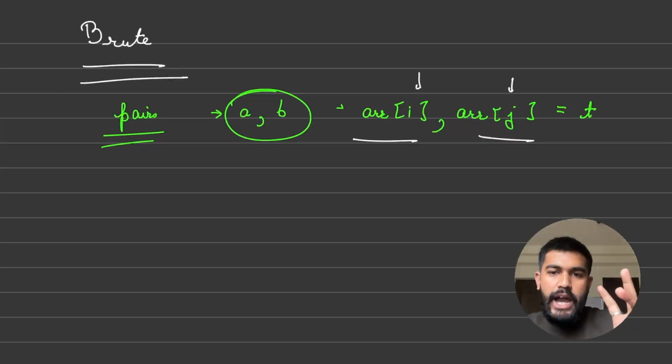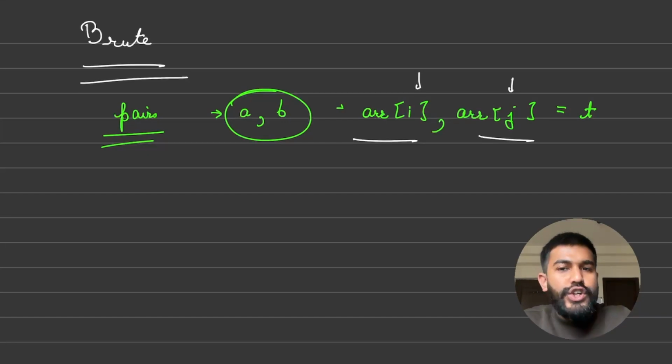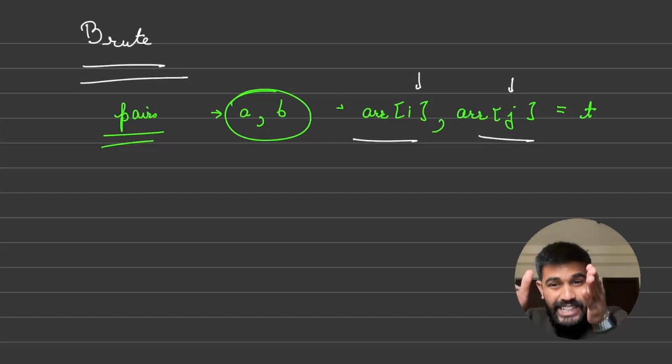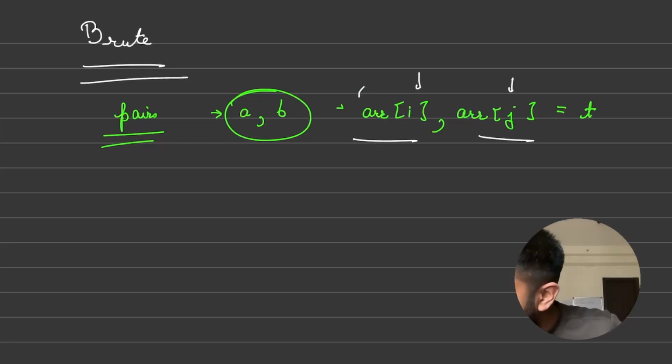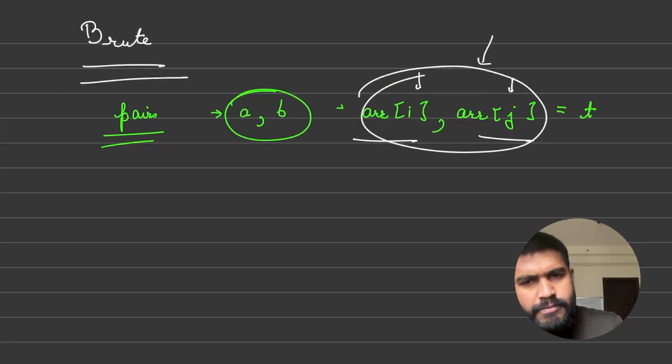Because A and B are not from any other values, you don't need to generate them. They would exist inside the array itself. So just by this I can formulate a very simple brute force.